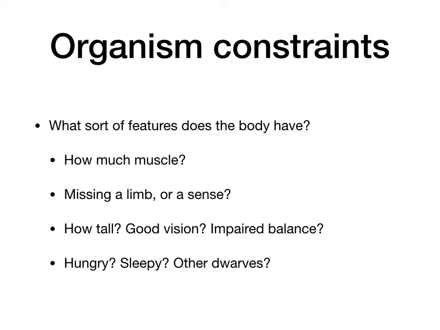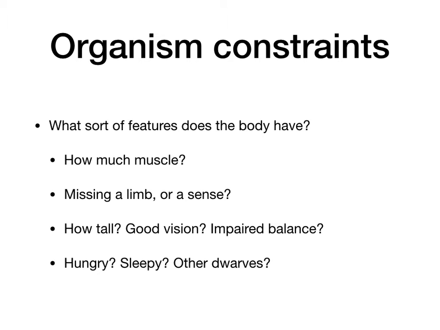Organism constraints have to do with what my bodily features are. What if I don't have any arms and I'm trying to catch a ball? I'm going to have to do a very different strategy, maybe something involving my neck and my shoulder, or more likely I'm just not going to play the ball catching task at all.